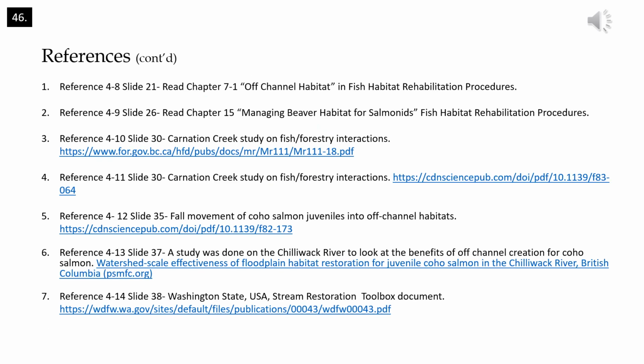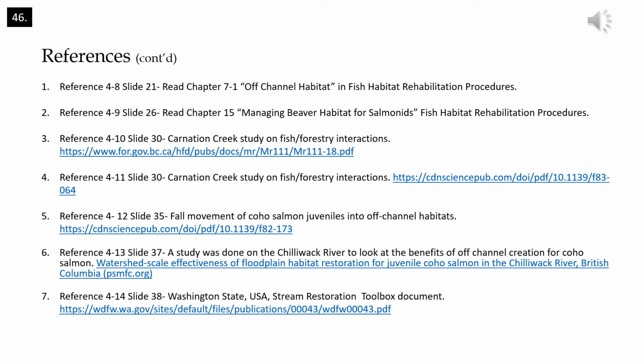Reference 8, read chapter 7-1, Off-Channel Habitat in the Fish Habitat Rehabilitation Procedures Manual. Reference 9, read chapter 15, Managing Beaver Habitat for Salmonids in the Fish Habitat Rehabilitation Procedures Manual.